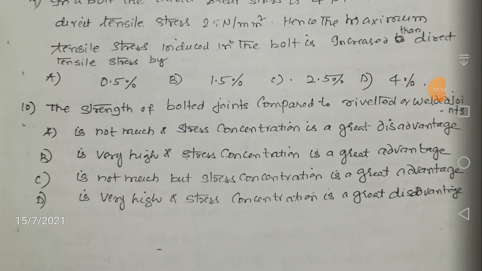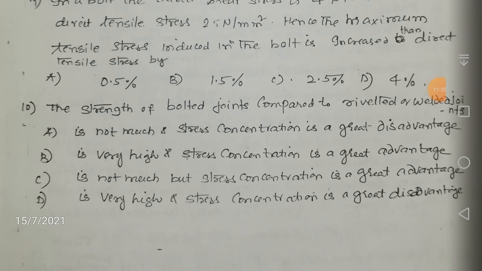So next, the strength of bolted joints compared to riveted or welded joints is... So now here is a comparison between bolted joints, riveted joints and welded joints. So what is the correct answer? Is it that the strength of bolted joints is not much and stress concentration is a great disadvantage?